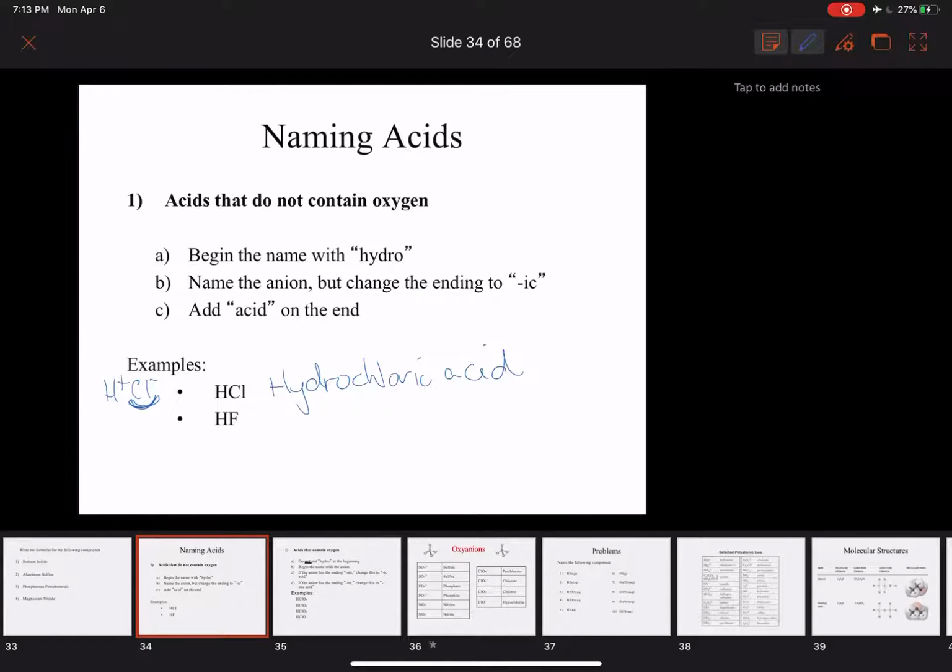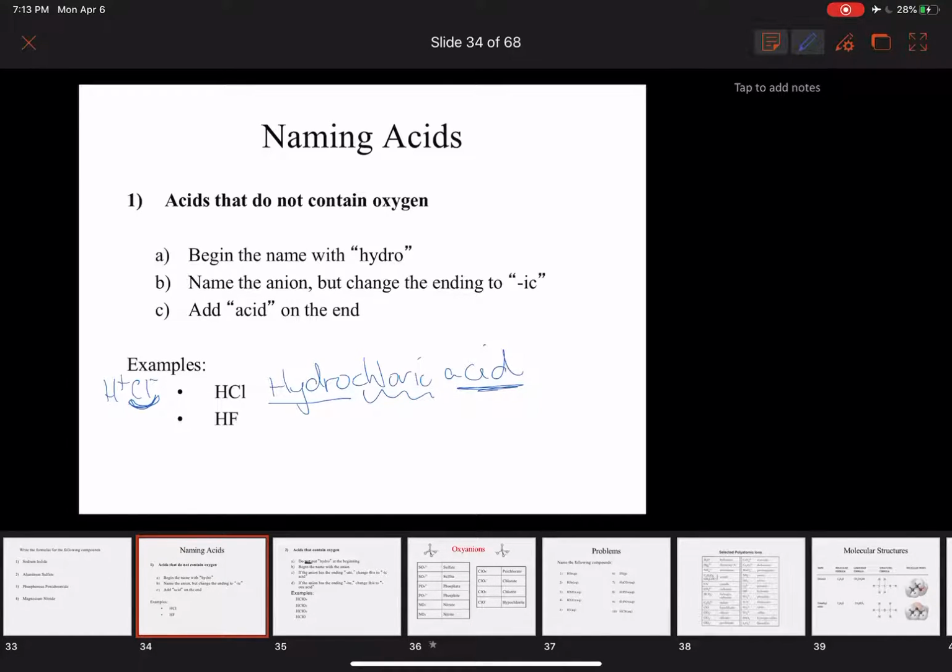So we start the name with hydro, and then we change chloride to chloric acid. B says name the anion, which would be chloride, but change its ending to ic, so that's chloric. And C says slap acid on the end of it. So that's how we get hydrochloric acid.